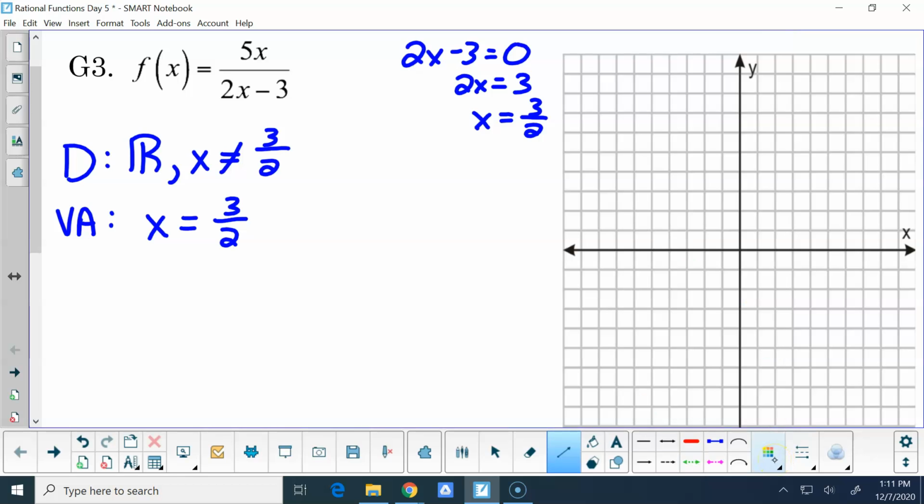So 3/2 is 1.5, so we're going to go through right there, and it's going to be dashed on your graph. That's step number 1. Now we're on to step number 2. What is step number 2?